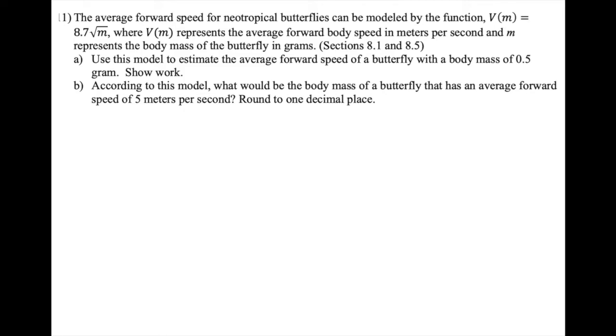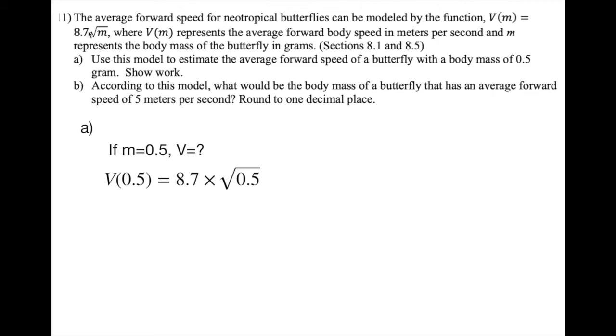Okay, number 11. The speed and the body mass of a butterfly can be modeled by this radical function. So first, we want to use this model to estimate the average forward speed of a butterfly with a body mass of 0.5 gram. So here m equals 0.5. What is v? You want to plug into your model. So v of 0.5 equals 8.7 times square root of 0.5.